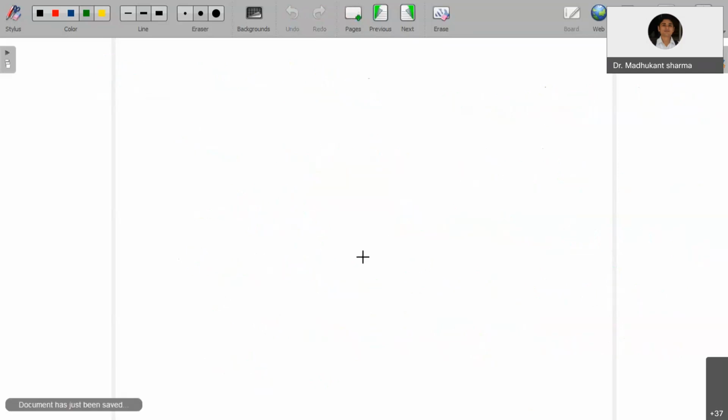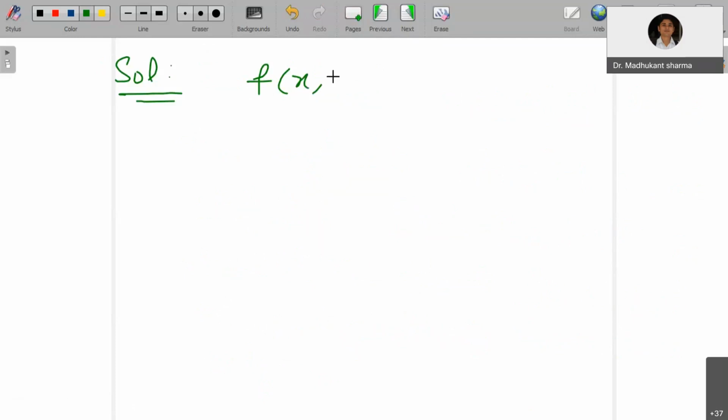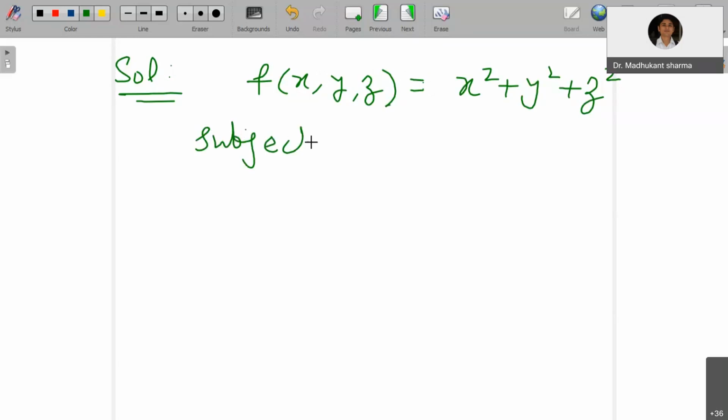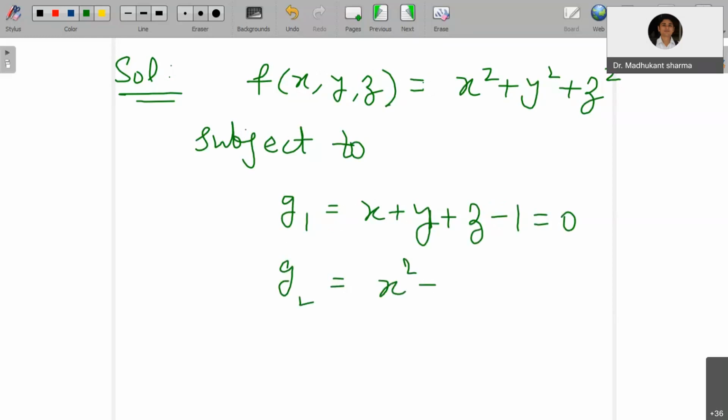So how do you handle it? Just now I explained: you are trying to identify the extreme values of the following function. The point closest to and farthest from the origin, that's where again x squared plus y squared plus z squared, subject to the constraints G1 equals x plus y plus z minus 1 equals 0, and G2 equals x squared plus y squared minus 1 equals 0.